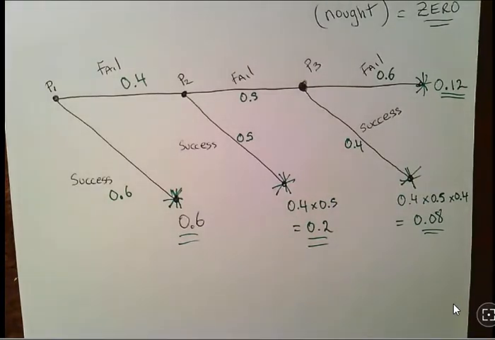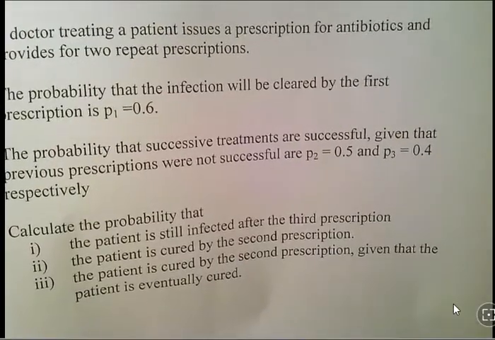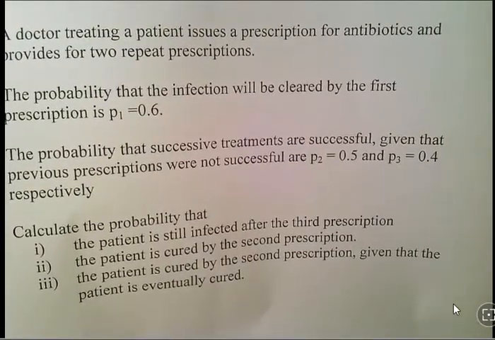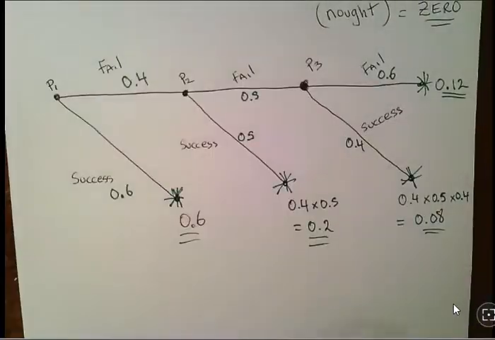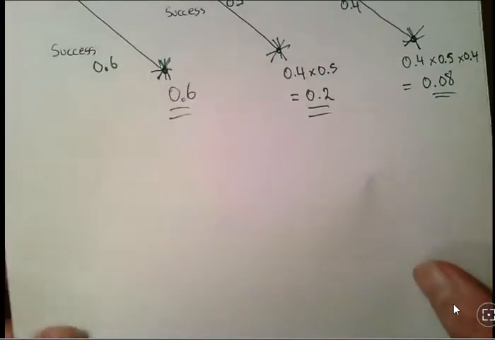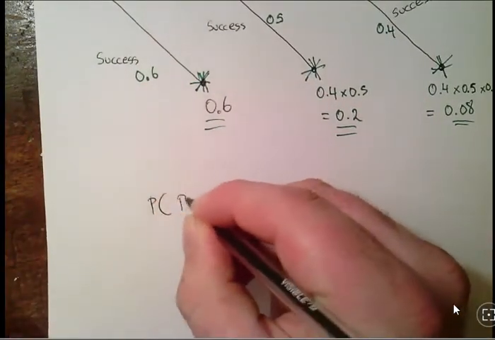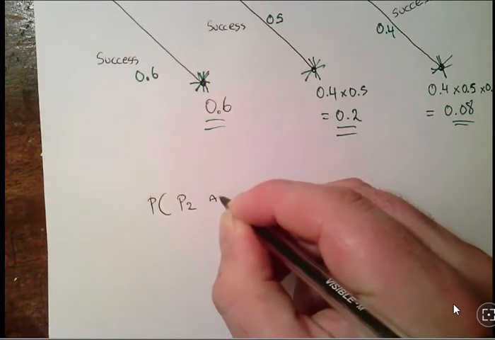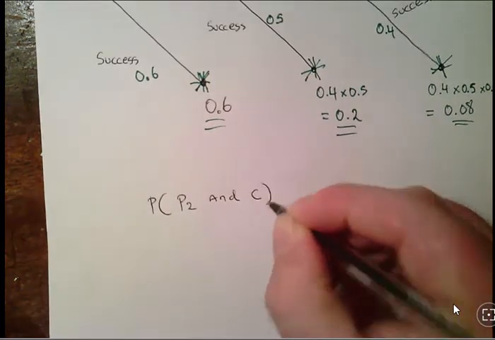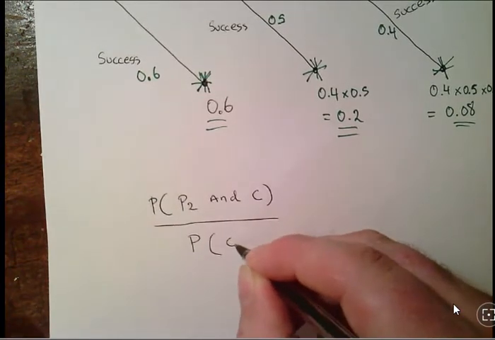And given that the patient is cured by the second prescription, given that the patient is cured. What we're asked for here is essentially a conditional probability. So the probability of P2 and cured over the probability of being cured.